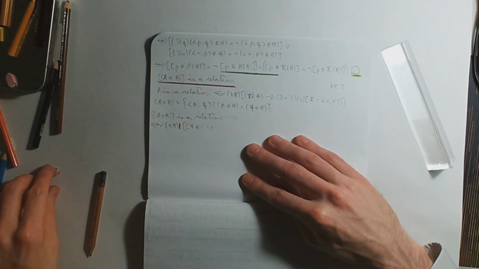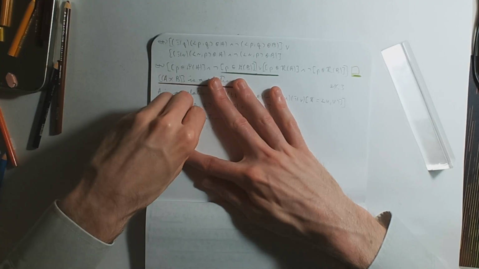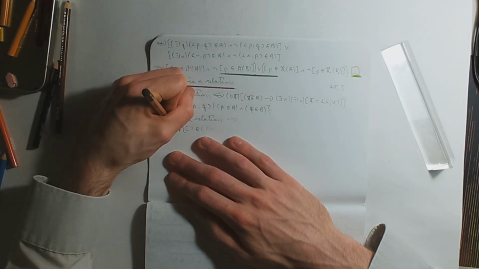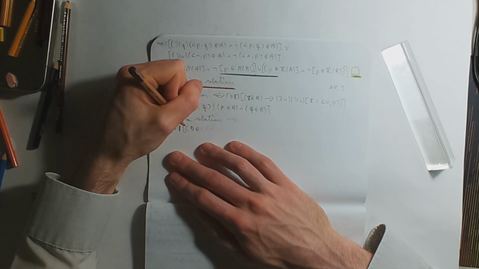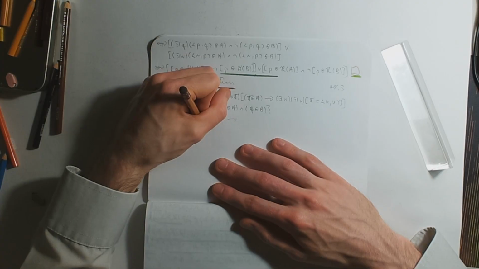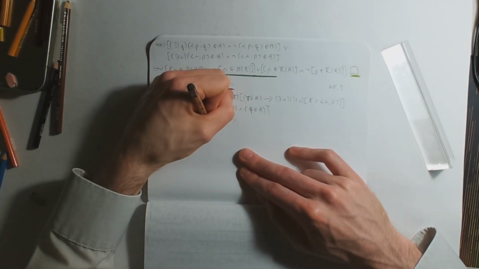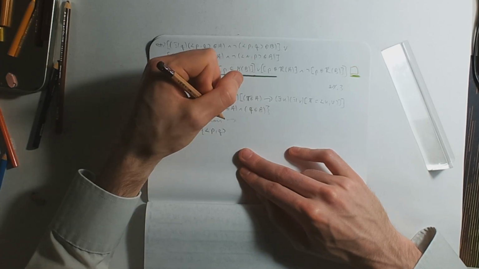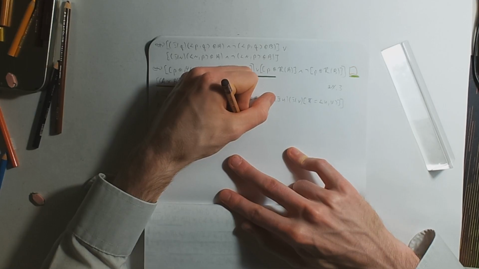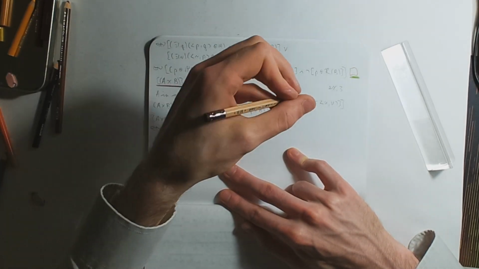D is an element of the set containing as elements ordered pairs of the form PQ such that P is an element of A and Q is an element of B.